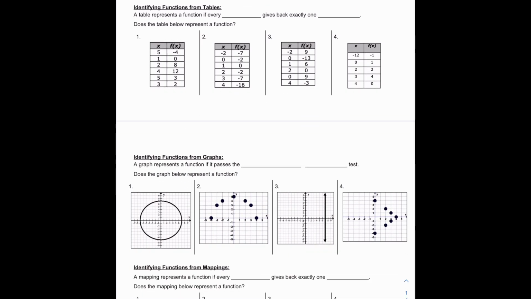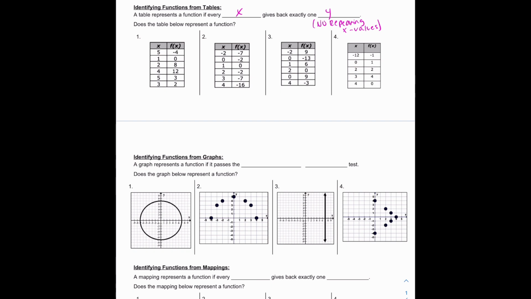A table represents a function if every x gives back exactly one y. Like I mentioned, there are no repeating x values, because when you have repeating x values, you have more than one y value.